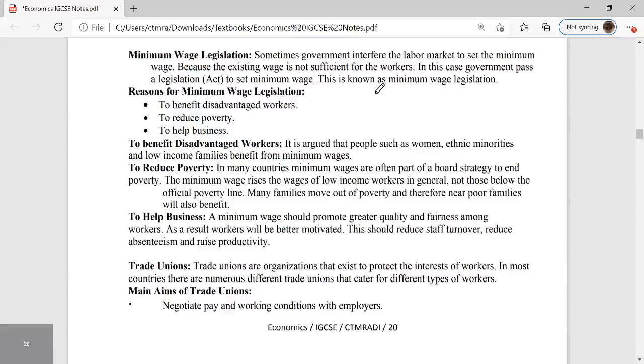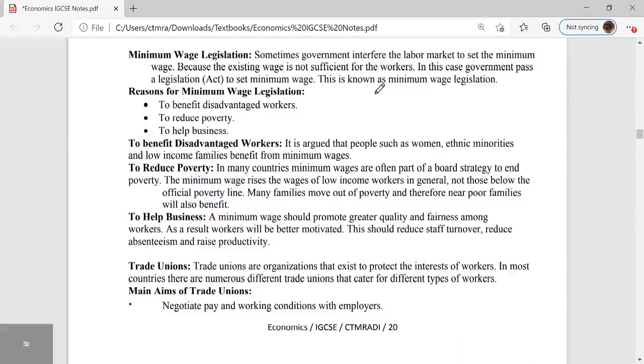It's basically a law, legislation. Minimum wage means the minimum amount of payment that the employer has to pay to the workers. And no one can pay below the minimum wage.